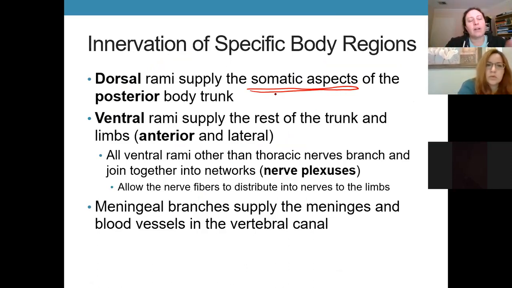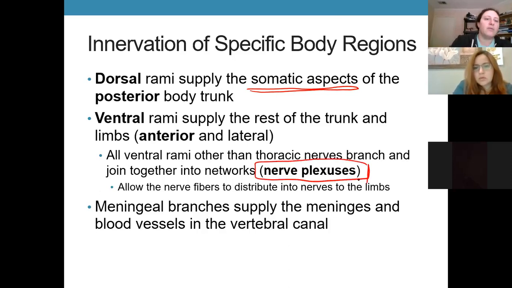Now the ventral rami are a little bit more complicated than just, oh sure, there's nerves going places, because they actually come together into discrete networks that help distribute all of the axons to the appropriate nerves going to the limbs. So we have these nerve plexuses formed by the ventral rami that further complicate the spinal nerves when we look at the anatomy. So it's the ventral rami that make things complicated. The dorsal is easy. You just cover the posterior body trunk. We'll look at it again a little bit later.